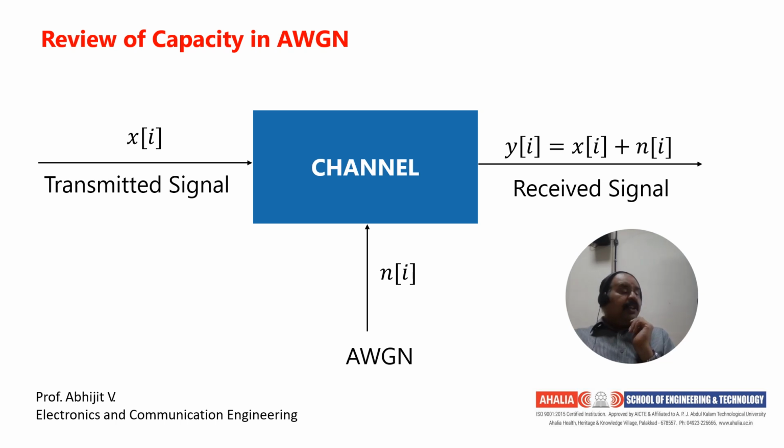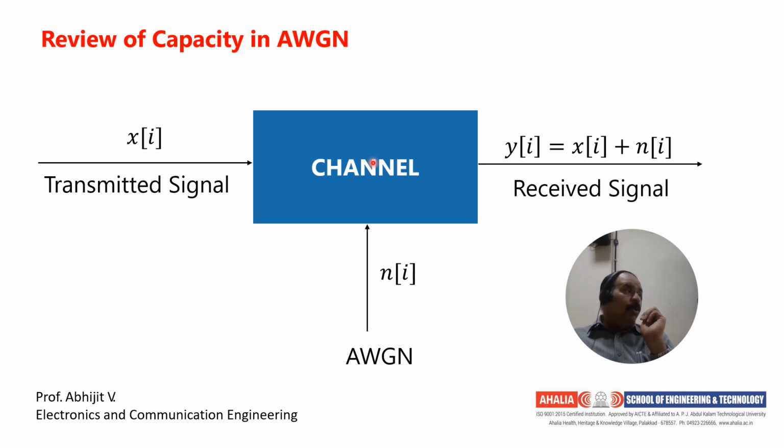So consider a transmitted signal X[i] passing through a channel and being received at the receiver's end. Y[i] is the output at the receiver's end, and will be the input signal, the transmitted signal, plus the noise.